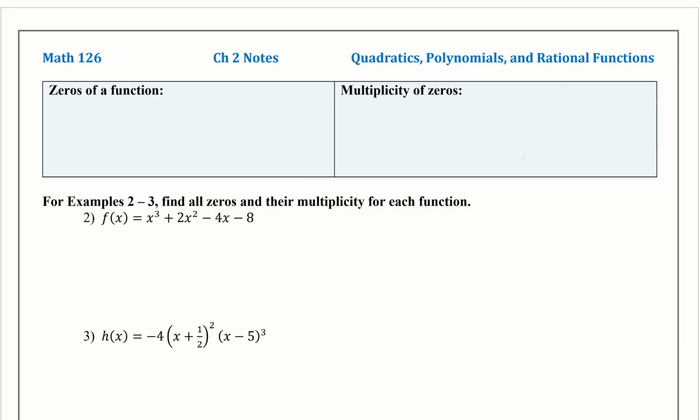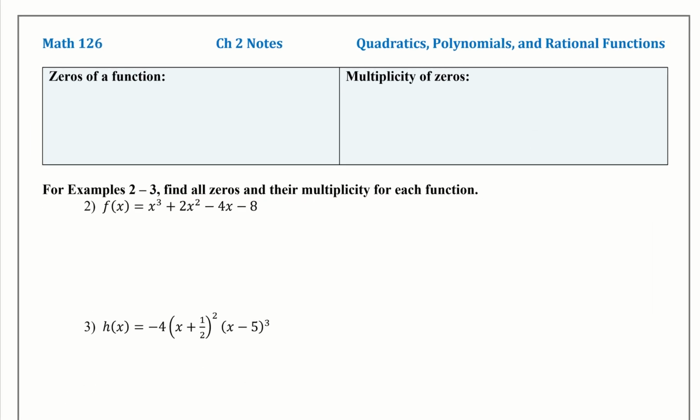Okay, when we're talking about the zeros of a function, and we're really looking at polynomials here, some other terms for zeros would be x-intercepts, factors, or roots. And when we're solving for the zeros, what you want to do is set the output equal to 0 and solve for x.